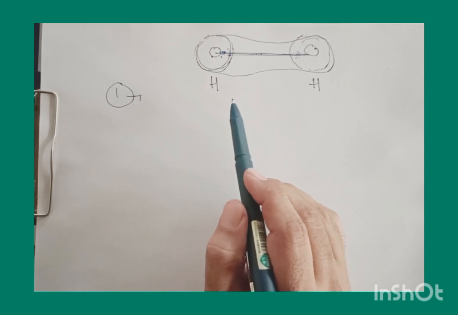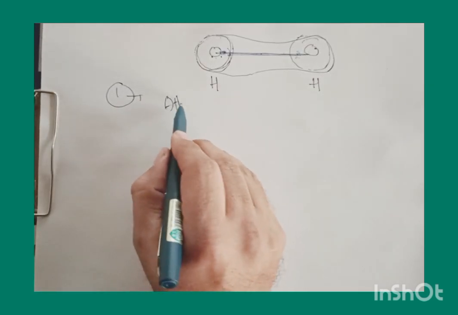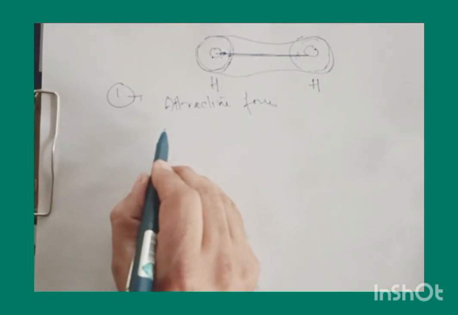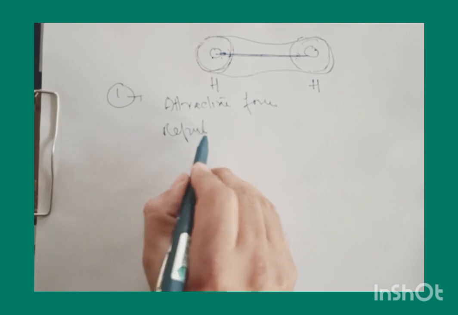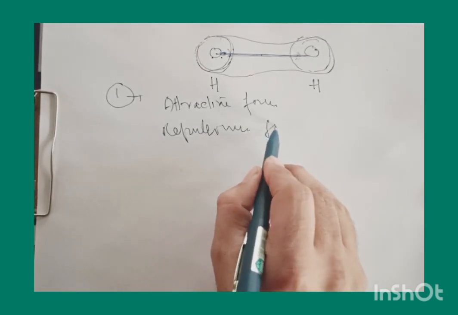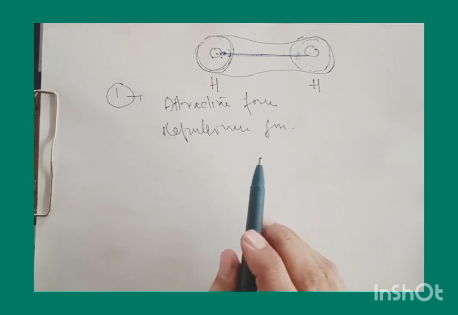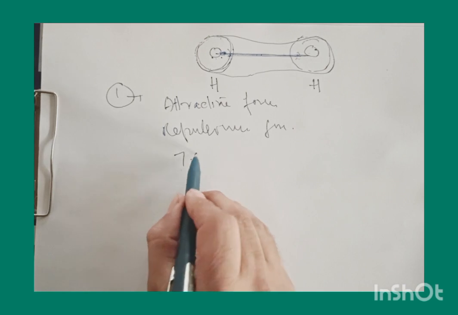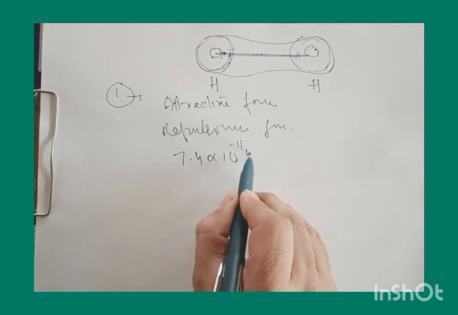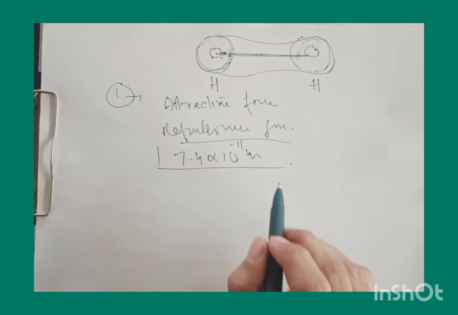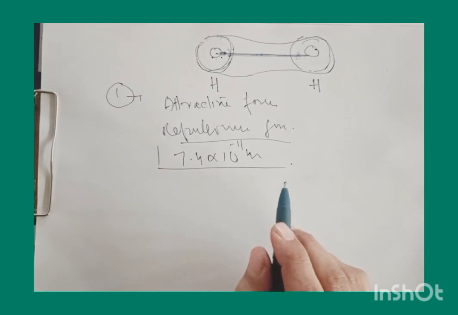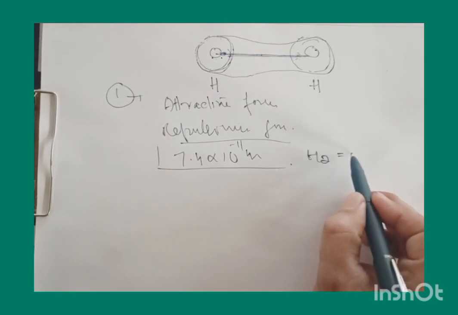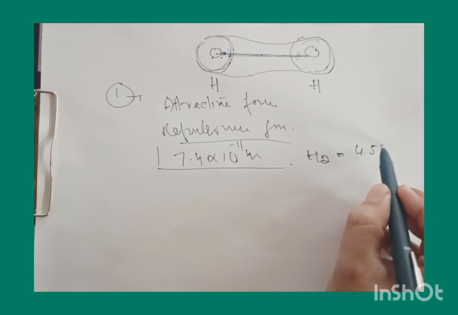Now, the balance between attractive and repulsive force, what we have here is an electrostatic attractive force and a repulsive force. And these forces occur at a separation of nearly 7.4 into 10 to the power of minus 11 meter. And the total energy of this H2 molecule comes out to be nearly 4.5 electron volts.